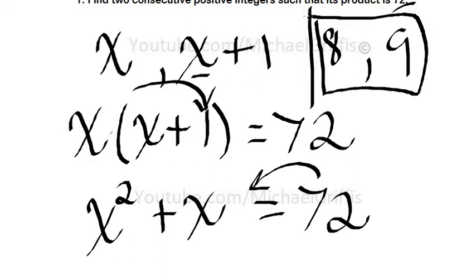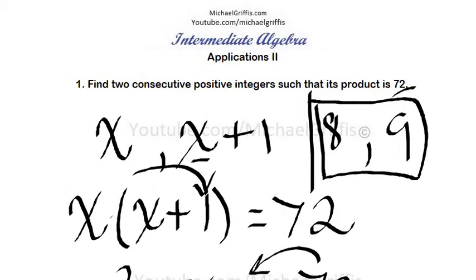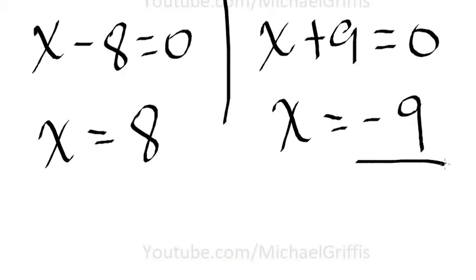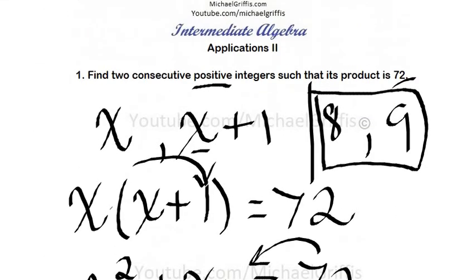If you remember right, let's look back up here. What does it say? Positive. Okay, positive integers. Our other possible solution was the negative 9. But if you plugged it in right here, you'd end up with a negative 9, and then negative 9 plus 1 is negative 8.